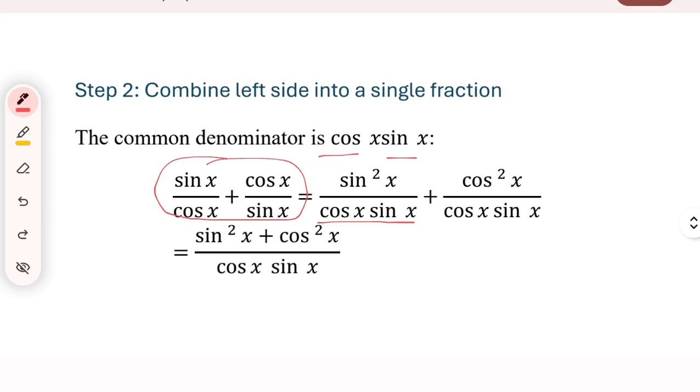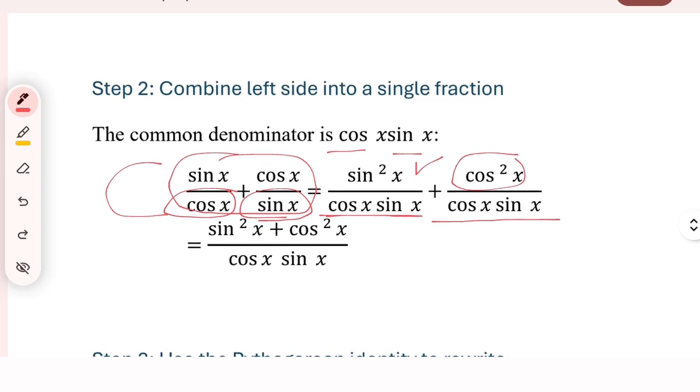Our numerator becomes sine square x, because cosine x sine x divided by cosine x leaves sine, and you multiply it to the numerator, so it becomes sine square. Then cosine x sine x divided by sine x leaves cosine x, and you multiply that to the numerator, so it becomes cosine square.